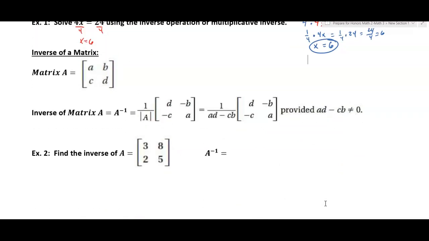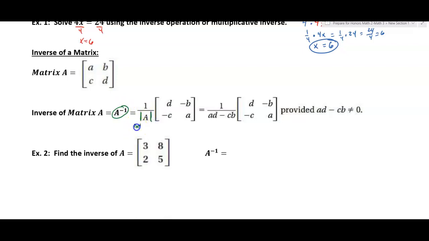Now we use this idea with matrices. If I'm giving you matrix A, which is a, b, c, d, those are your elements. The inverse of this matrix would be denoted by A to the negative 1, which is 1 over the determinant.